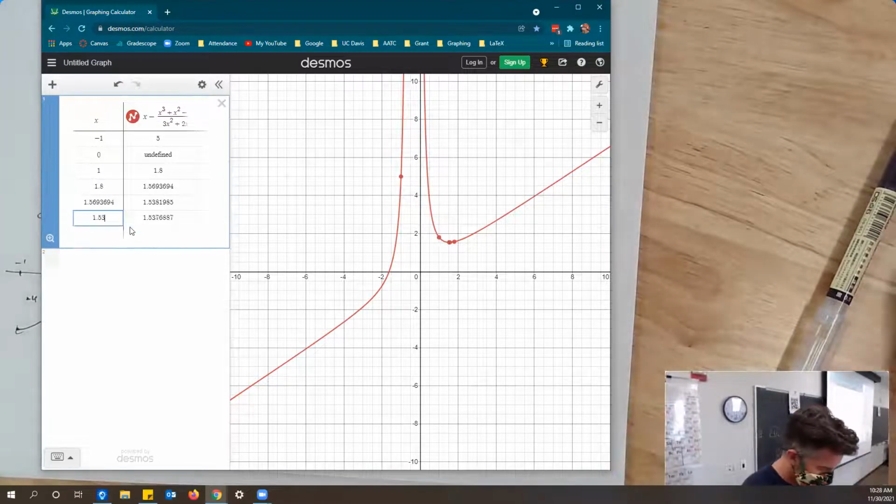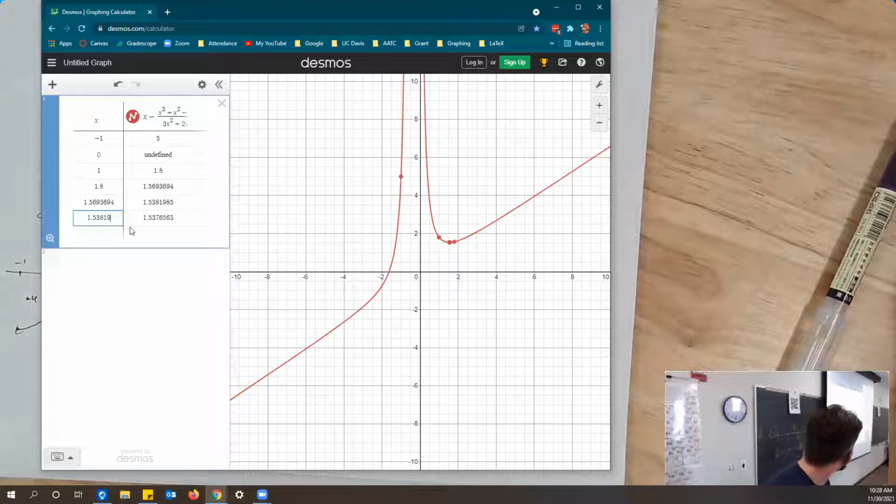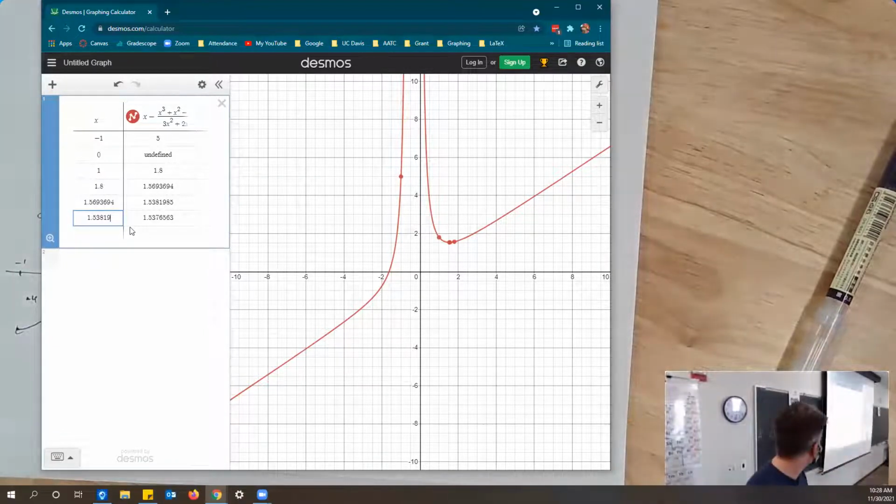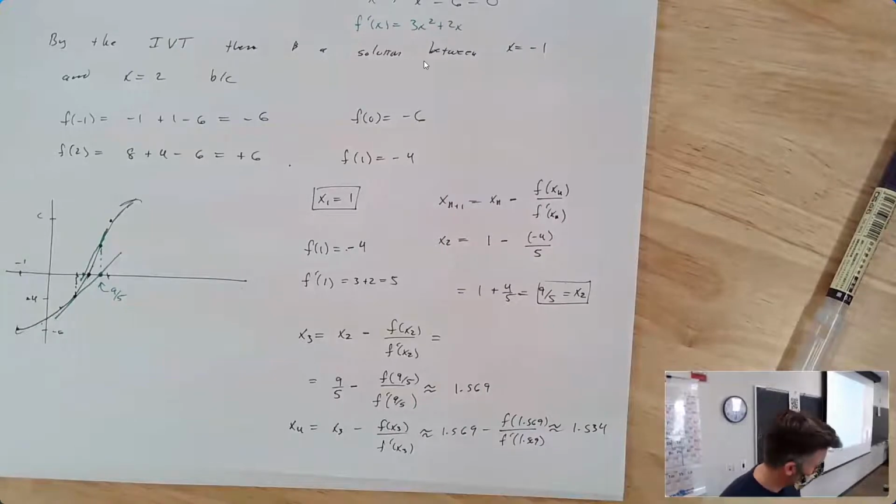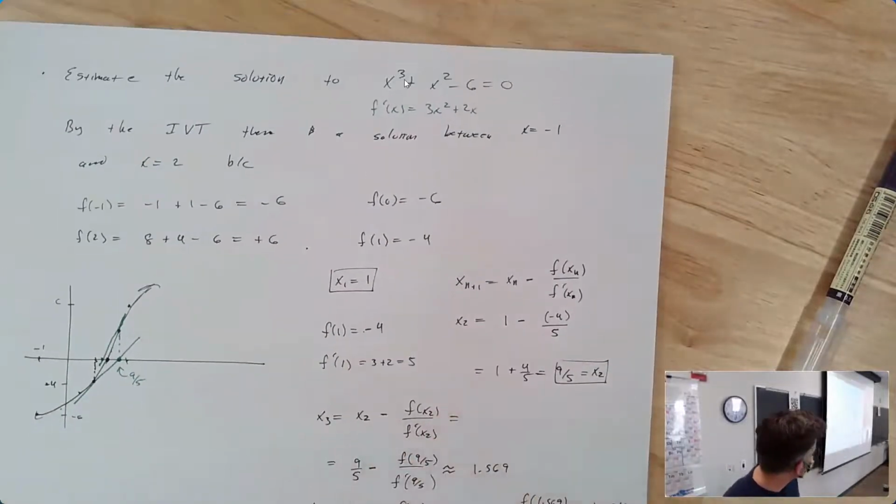So if I plug in 1.53819, my next answer is 1.537, and those are close enough, right? The first 2 decimal places didn't change, so that answer is accurate to within 2 decimal places. So 1.53 is an approximate solution of my original equation, x cubed plus x squared minus 6 equals 0.